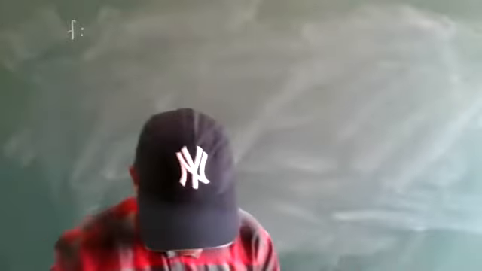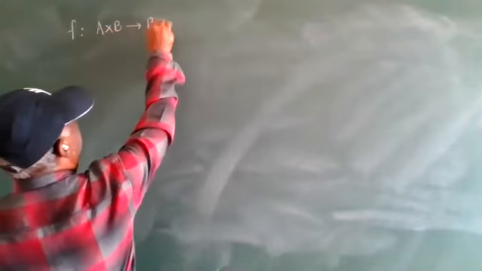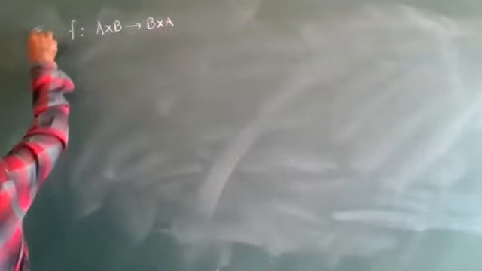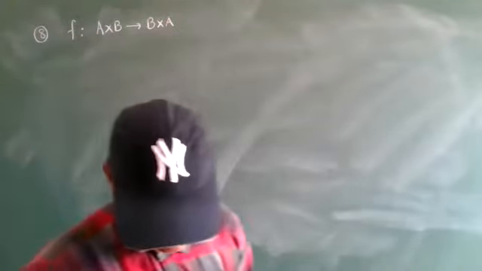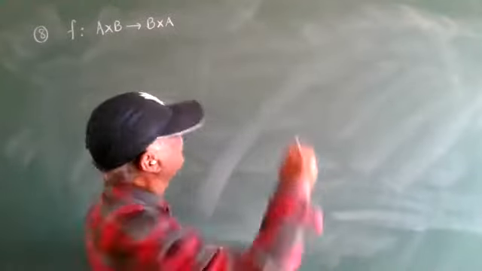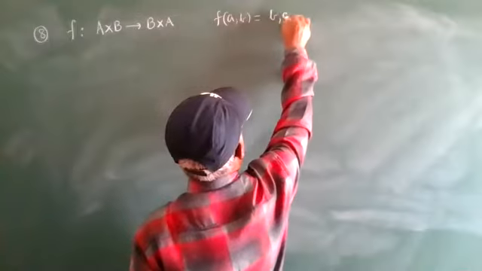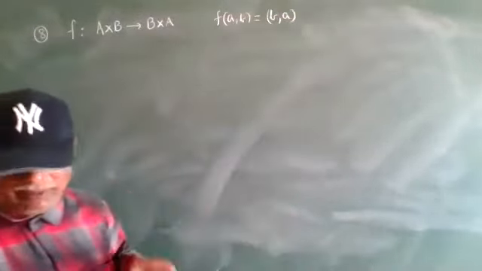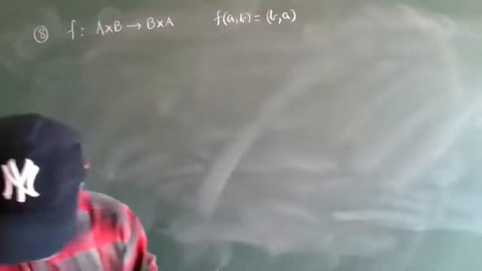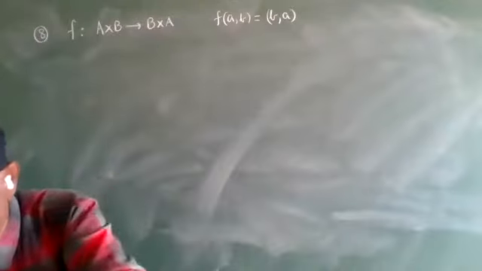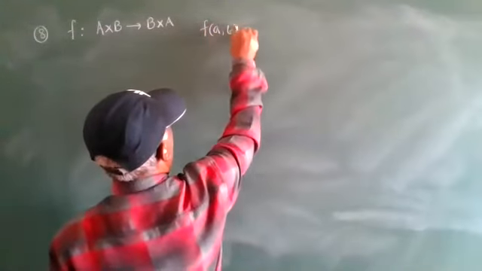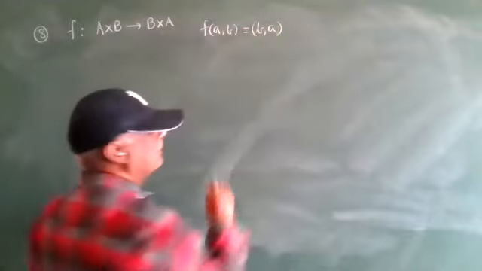Everyone observe the given eighth problem. F maps A cross B, the domain, to B cross A, the codomain, defined by f of (a, b) is equal to (b, a).